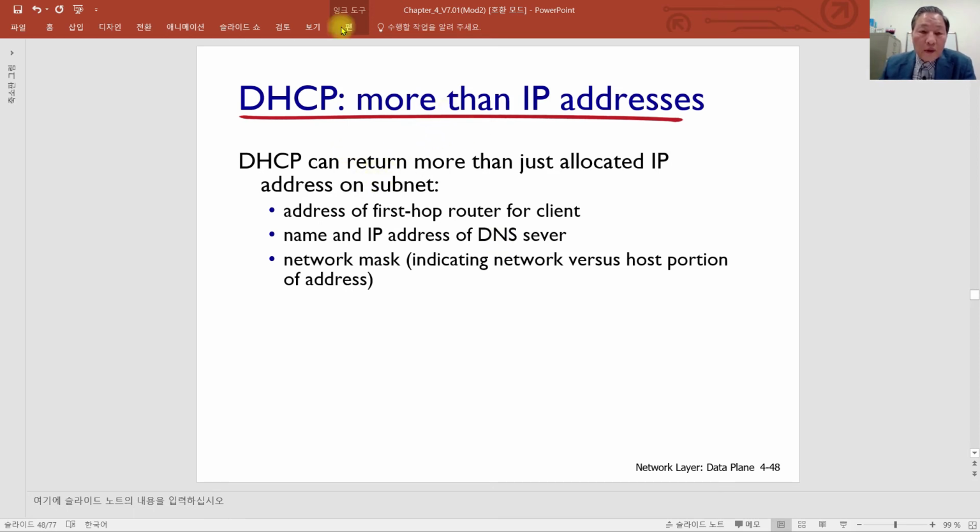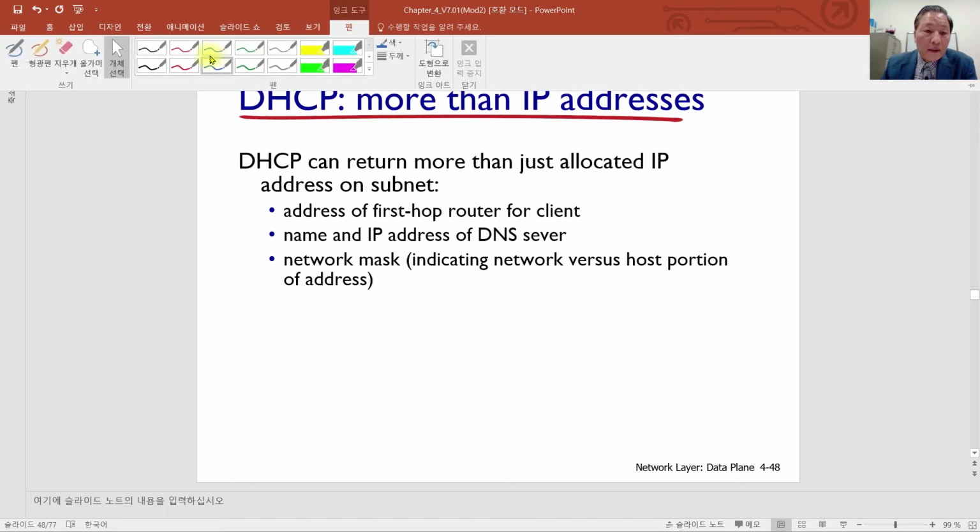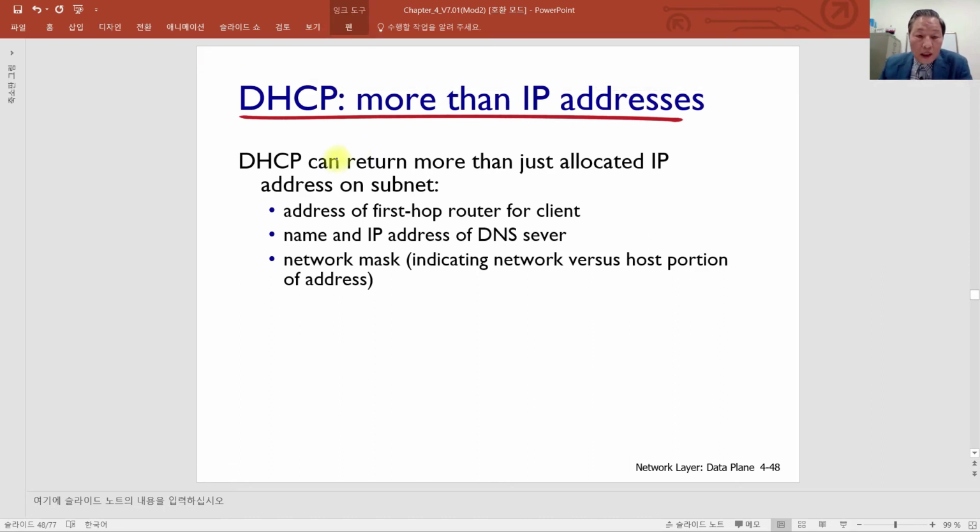DHCP can return more than just the allocated IP address on the subnet, such as the address of the first hop router for the client. Think about our internet configuration. We need an IP address. What else? The subnet mask to identify that subnet. What else?